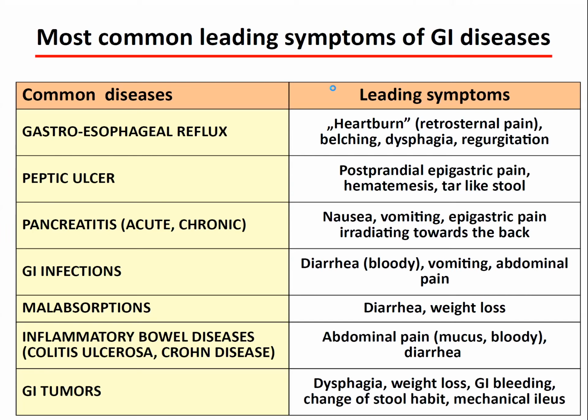Another one is the peptic ulcer. Today it is less and less common. A long time ago, it was a very big problem for the patient because the treatment wasn't so easy, and mostly they operated or removed the stomach of the patient. This is manifested as postprandial epigastric pain, or hematemesis, or tar-like, very dark stool.